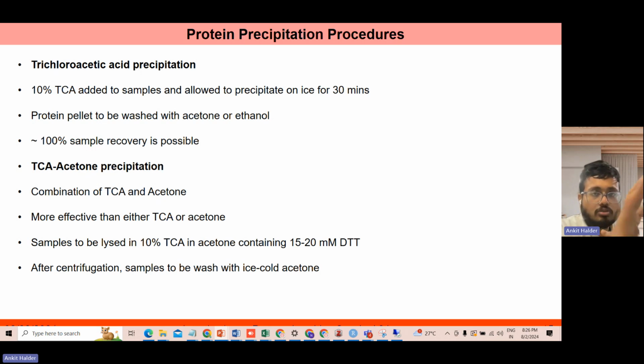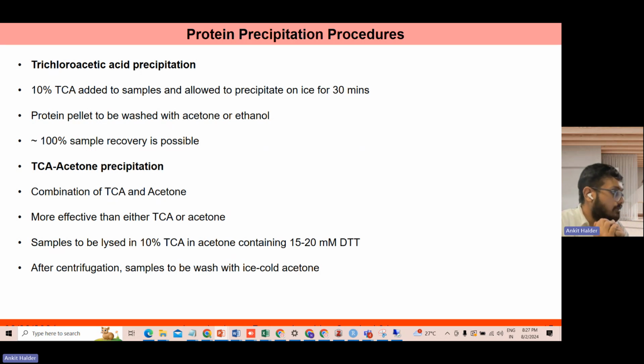If you compare acetone with a high concentration of salt, like ammonium sulfate, acetone is quite better because there is a minimized risk of salt, and all those reagents can be easily dissolved and extracted out.